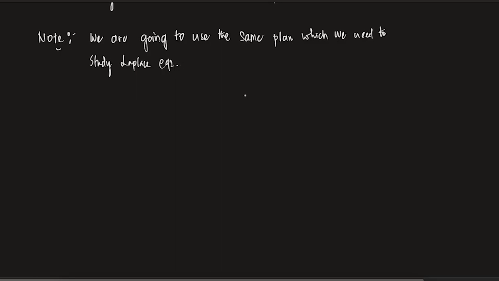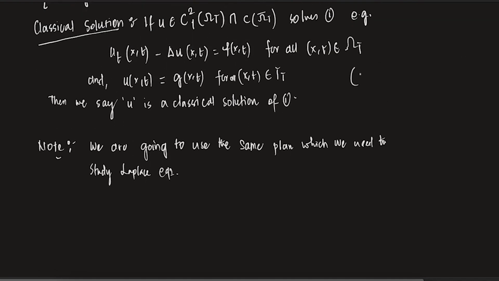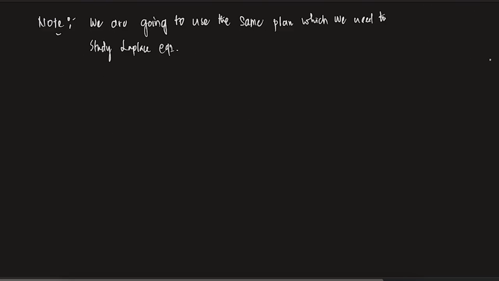If you remember, in the Laplace equation we started out with the uniqueness and then went from there. And here, let me again emphasize that C21 means twice differentiable with respect to x and once differentiable with respect to t. Clear? Now, let's talk about uniqueness and then we will go from there.